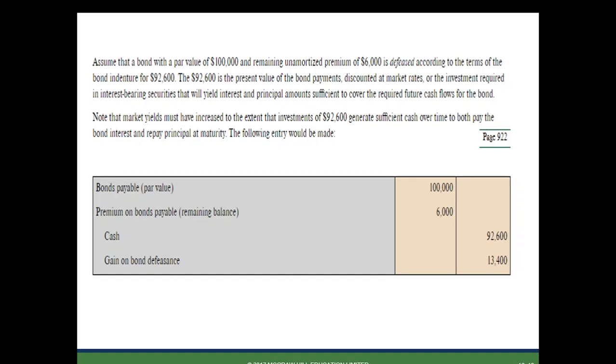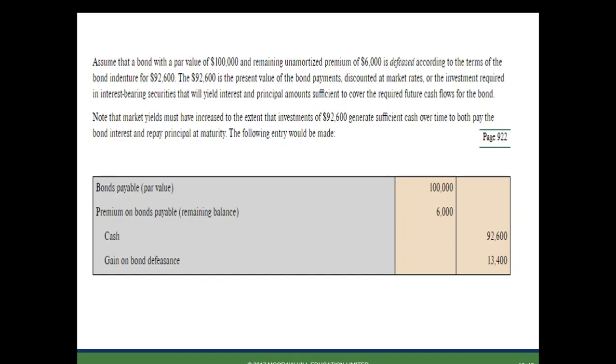This represents the present value of the bond payments, discounted at market rates, or the investment required in interest-bearing securities that will yield interest and principal amounts sufficient to cover the required future cash flows. Note that market yields must have increased to the extent that investments of $92,600 will in fact generate sufficient cash over time to both pay the bond interest and repay the principal at maturity.